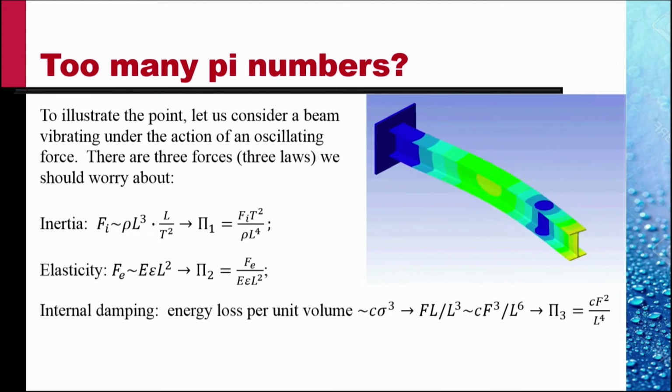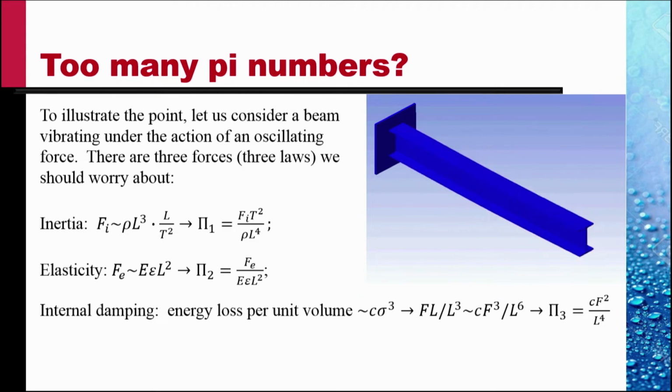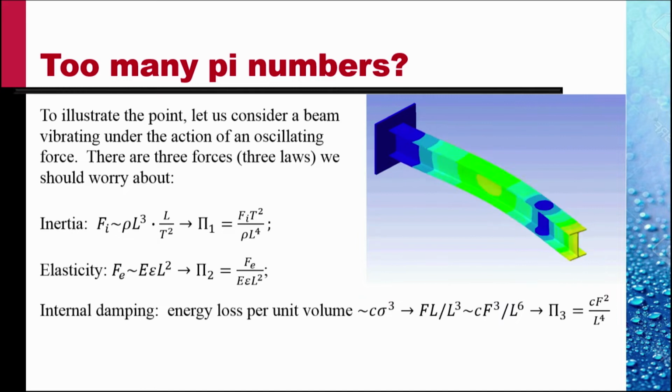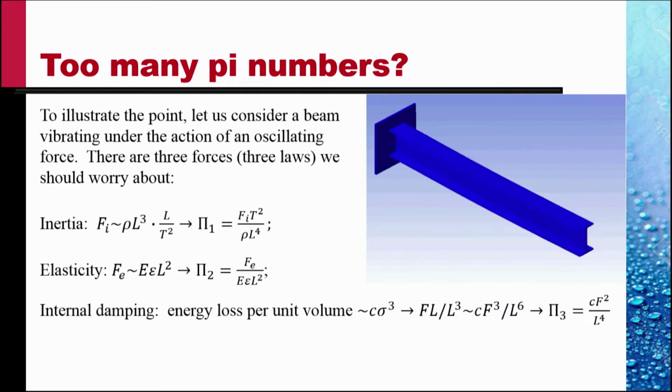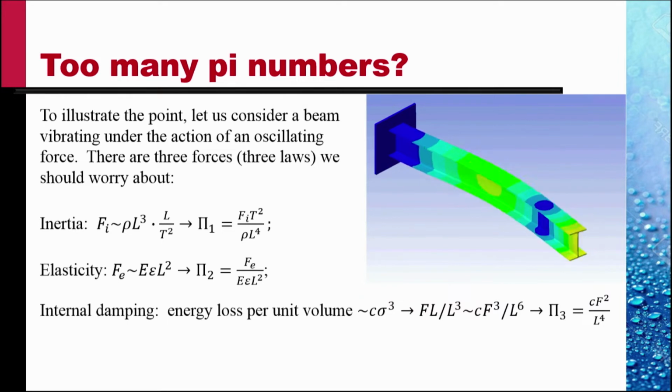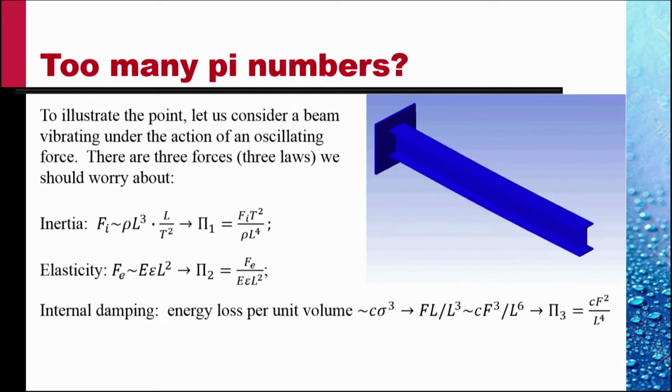And we write in terms of energy loss per unit volume. This is given as C into sigma raised to power 3, where C is a damping coefficient. And this translates into a pi number Cf square by L4.